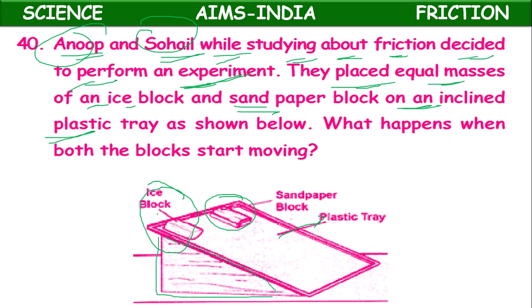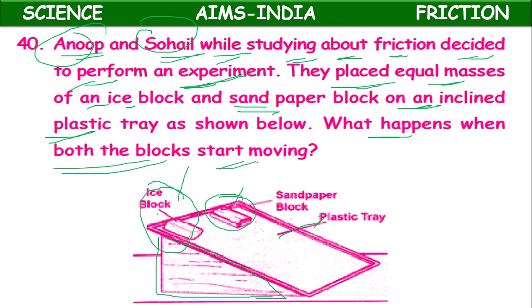On the inclined plane, on the plastic tray, they have taken the same masses of ice block and sandpaper, as shown below. What happens when both the blocks start moving?